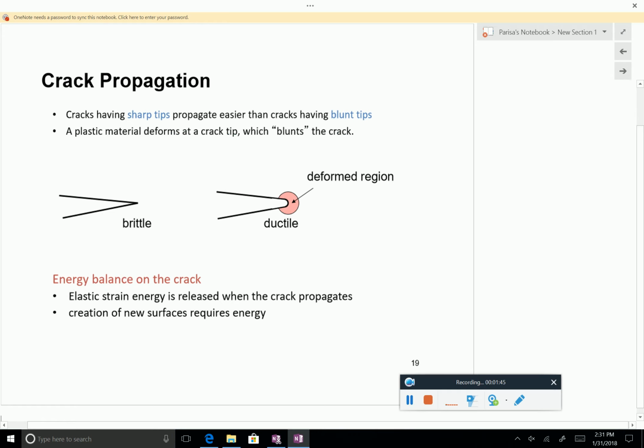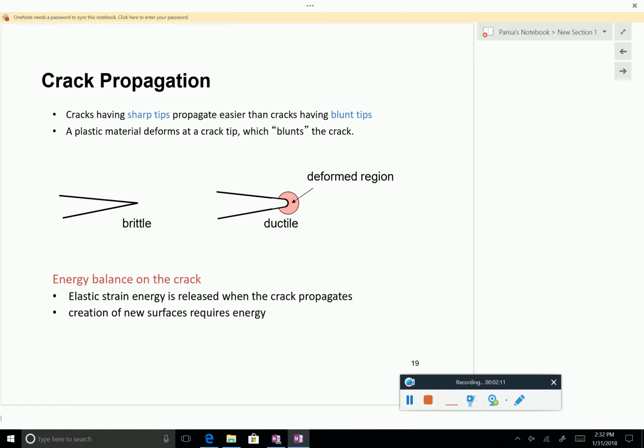So now, today we want to talk about crack propagation, very related topic. If you have a sharp crack in a brittle material, it's going to propagate very, very fast. If you have a ductile material at the corner, because the stress is maximum, you are going to have yield.